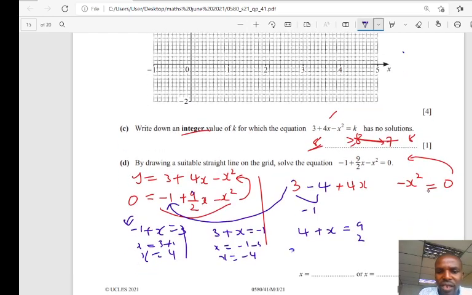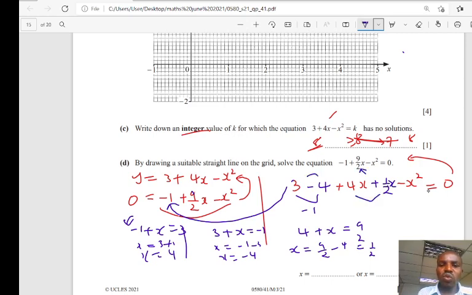It will be x equals 9 over 2 minus 4. 9 over 2 is 4.5, so 4.5 minus 4 is half. So I'm supposed to add half x here, right? This one will bring me back to 9 over 2. This one will bring me back to minus 1.